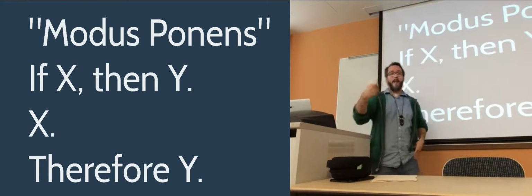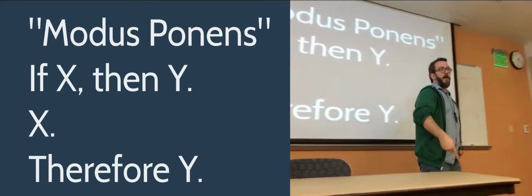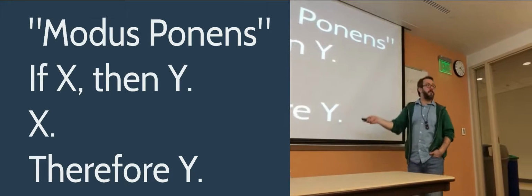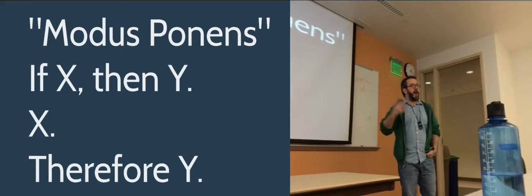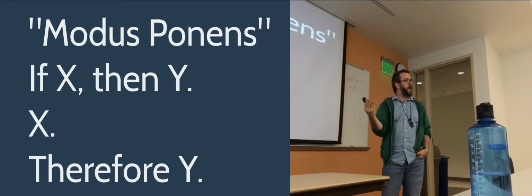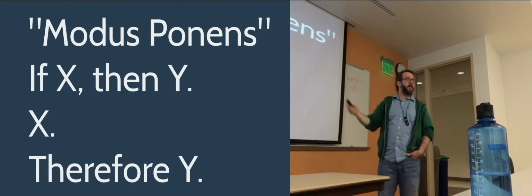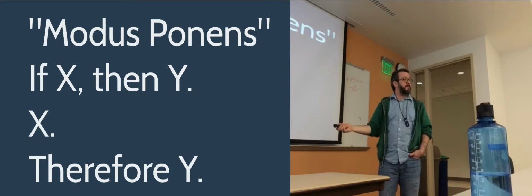And notice that argument that I just gave, if it rains, then I'm a bologna sandwich. It did rain, therefore I'm a bologna sandwich. That's Modus Ponens. And it's pretty much just operating according to the definition of what this if-then statement is trying to say. The if-then statement says, if x happens, then y will happen. And if that's true, and if x happens, then y is going to happen.